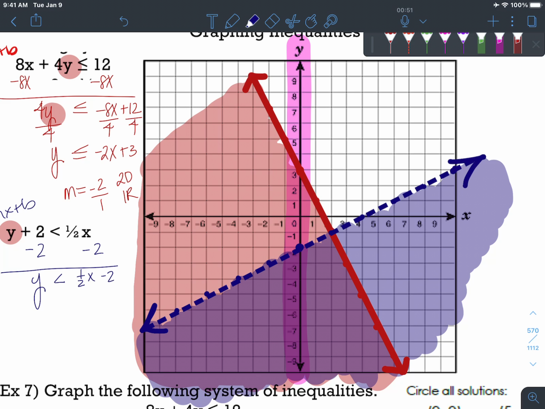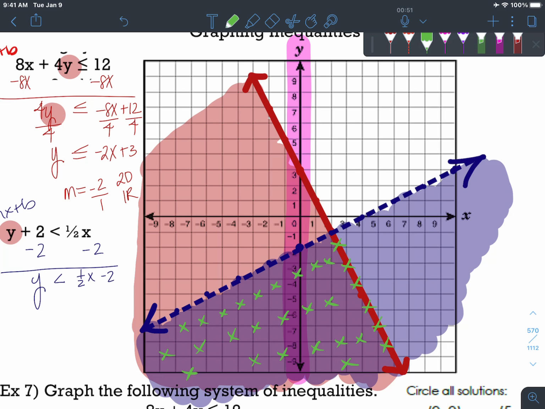Okay? So, as we remember, solutions can lie anywhere on a solid line or its shaded area. Solid line or shaded area. So, of course, that means that solutions exist all throughout here. And I'll just keep marking them off. And they also exist here.